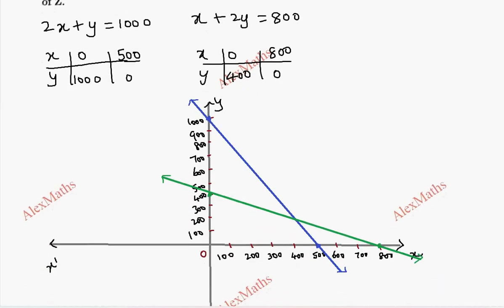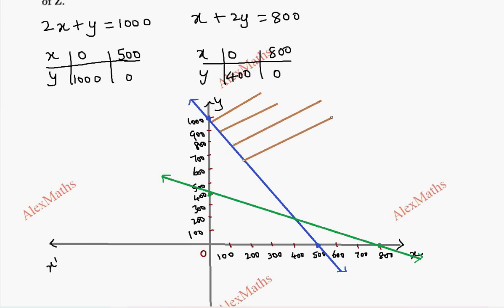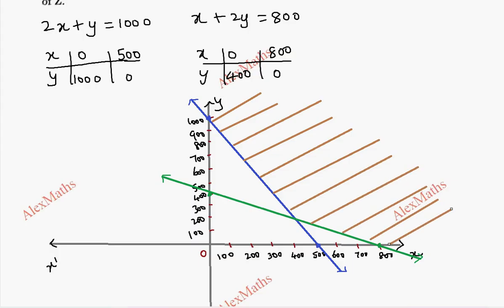It means we have to shade the region which is away from the origin. So basically all these regions we have to shade. Now this meeting point from the graph is roughly seen as 400, 200.